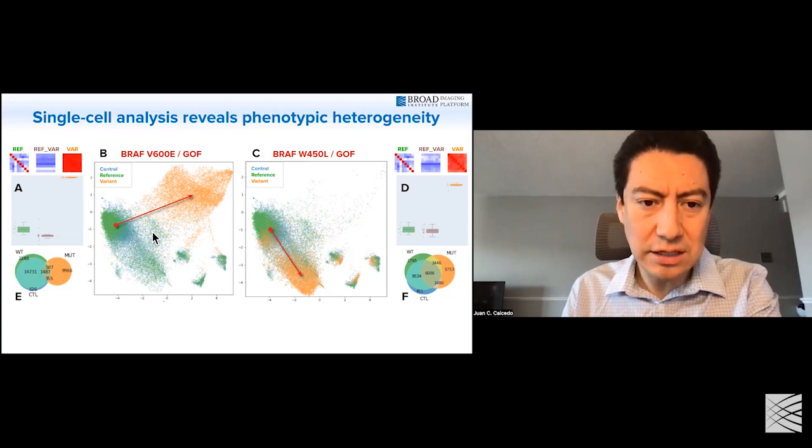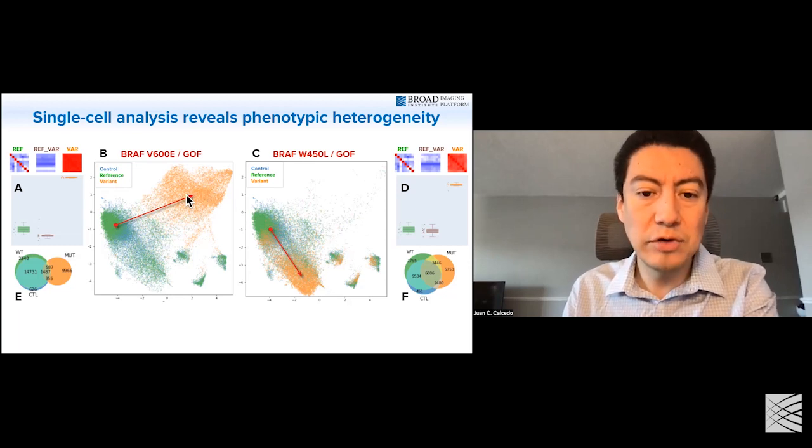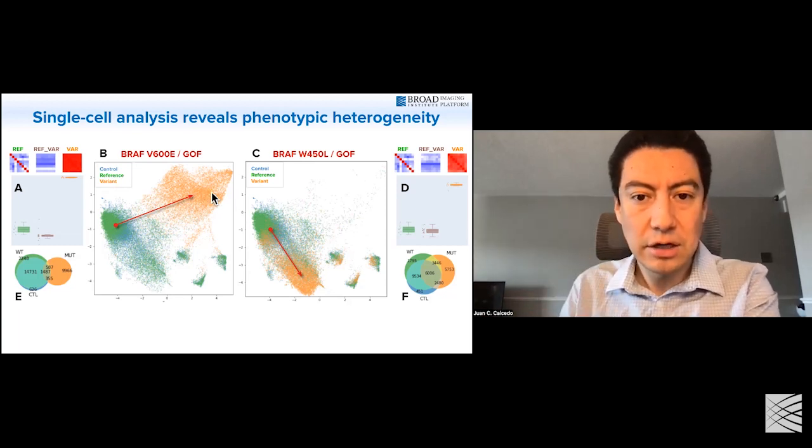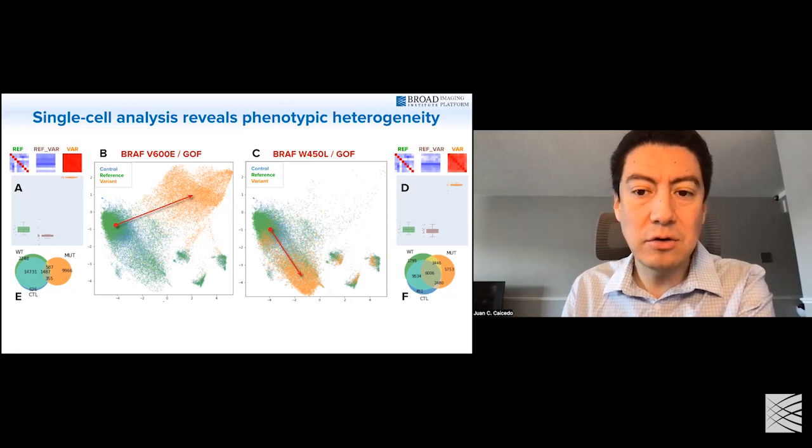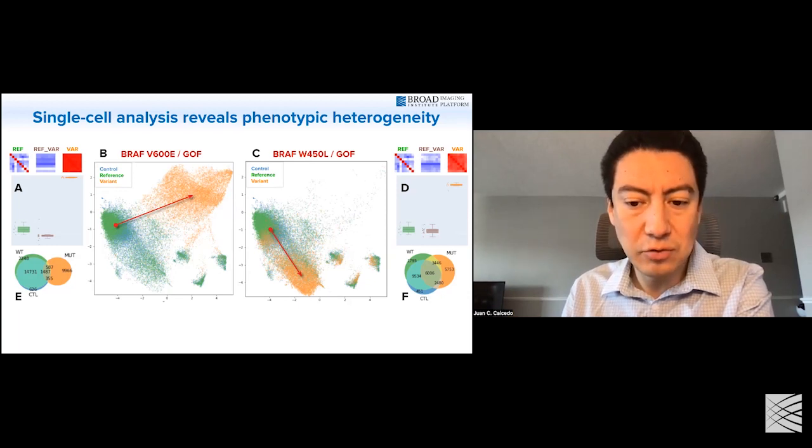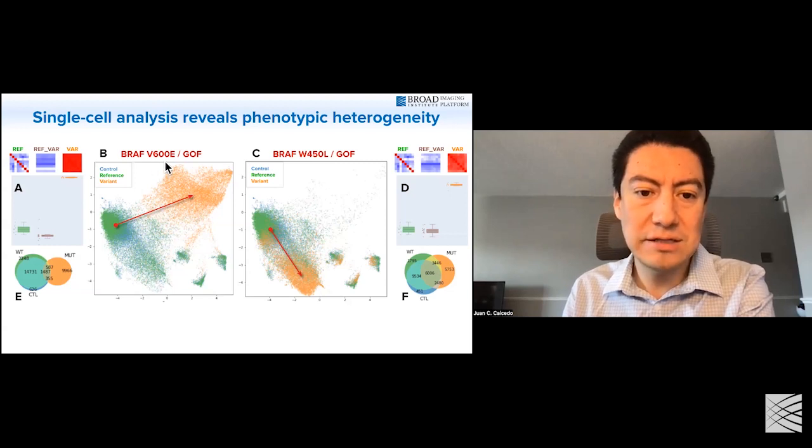So what we can see is that single cells in the phenotypic space are moving to different regions of the space, depending on what variant you're looking at. So in this case, the W450L variant is moving towards this state of the phenotypic space, whereas the V600E is moving to another place.